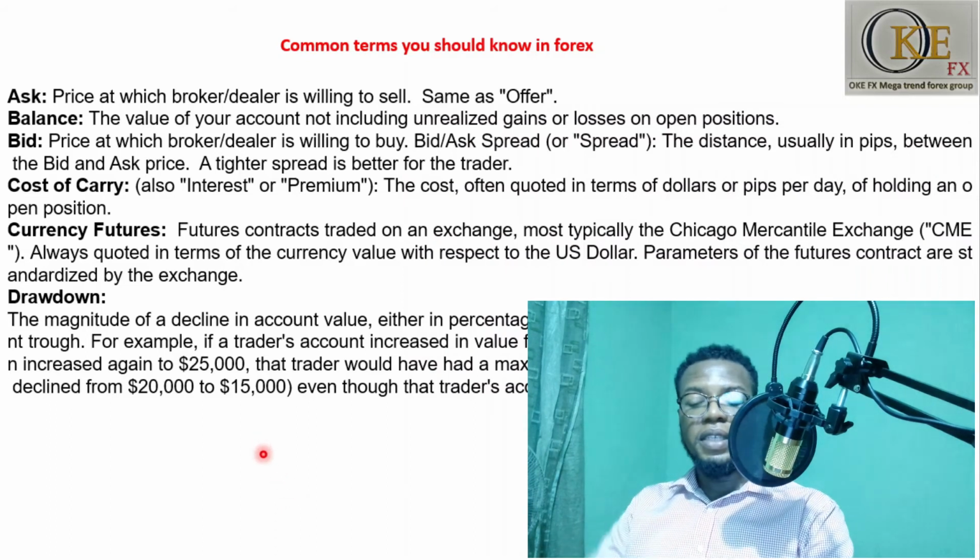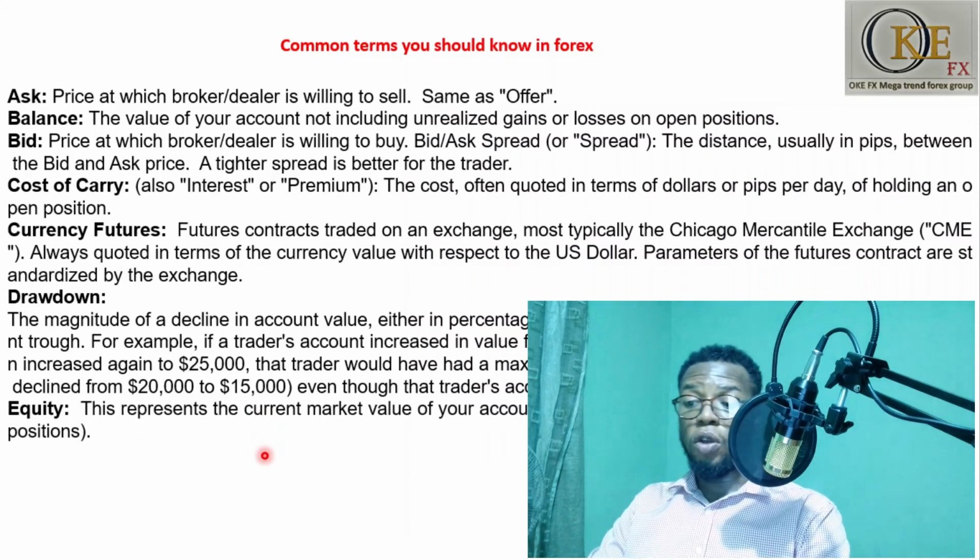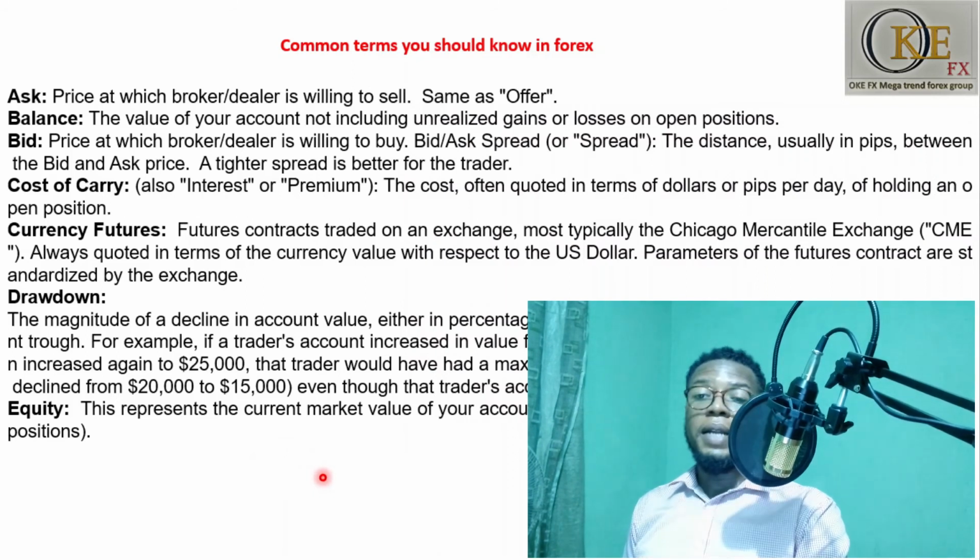So equity is usually your balance plus unrealized profit or loss on open positions. What it simply means is that if I have trades that are running, plus or minus, say about 2 to 3 trades, one in profit and two in losses, the overall plus or minus may be minus $50.